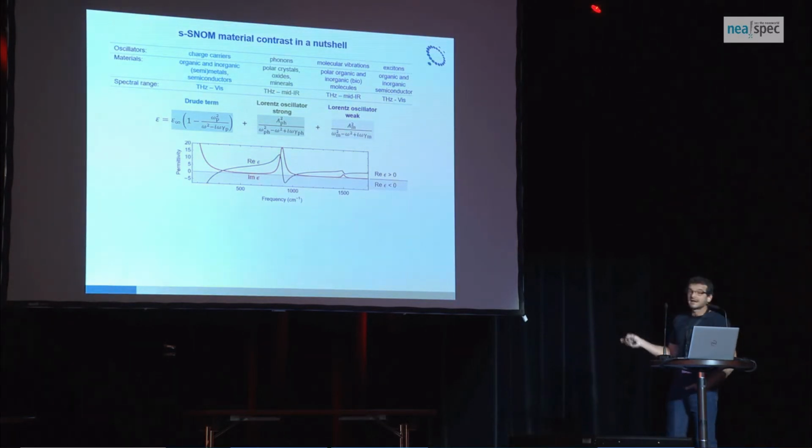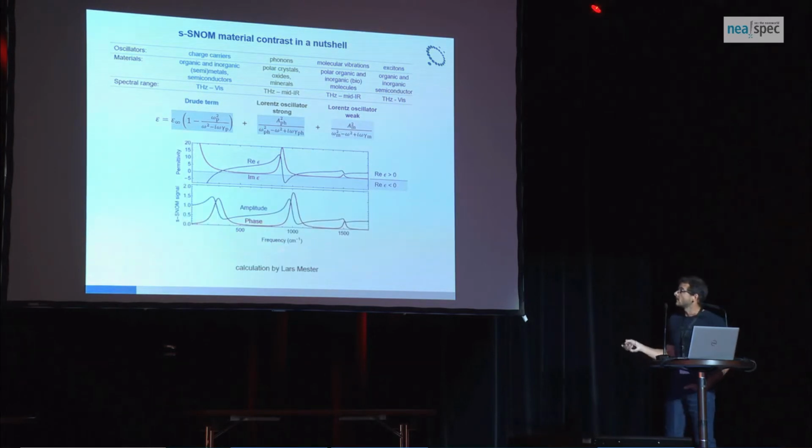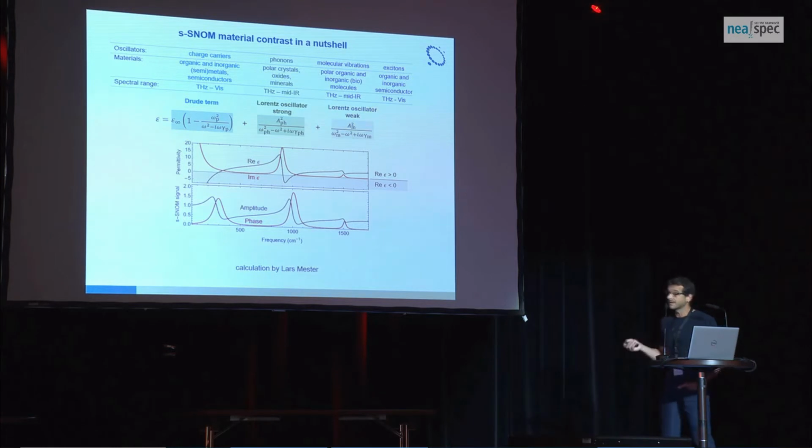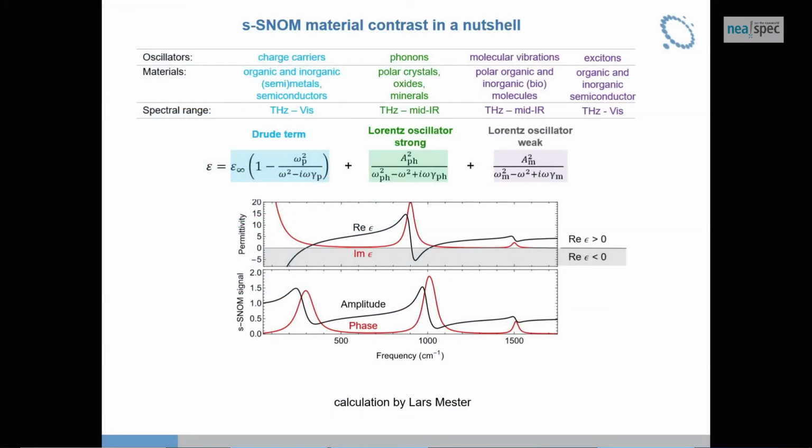So that's the dielectric function, and now I asked Lars, a PhD student, to do a calculation that includes the modulation, demodulation technique, amplitude and phase resolved measurement, and we use the finite dipole model for this. This is the result here. And we see that there are similarities and differences for these different oscillators.